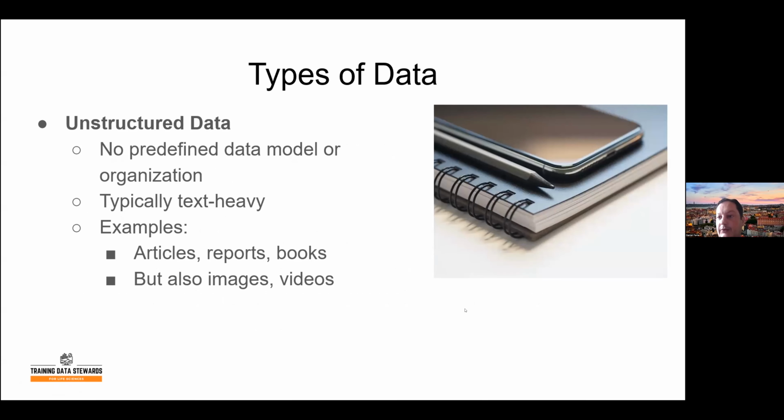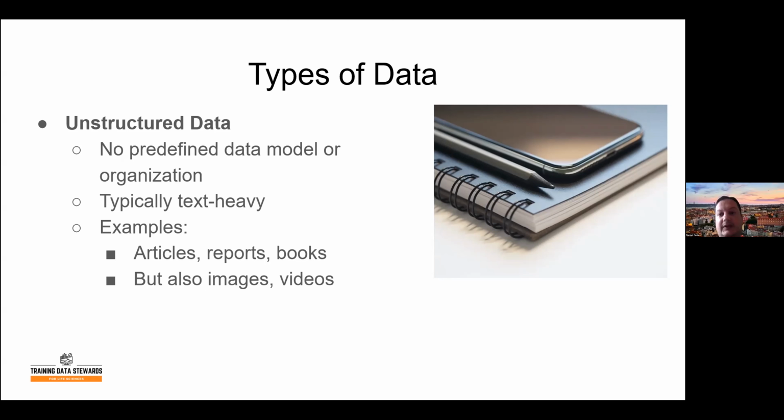And so in order to talk about what's needed to actually make data self-explanatory and self-contained, we need to think about the types of data. And so there are essentially three types of data, or 3.5. The first one, and it's actually the most common, it's unstructured data.